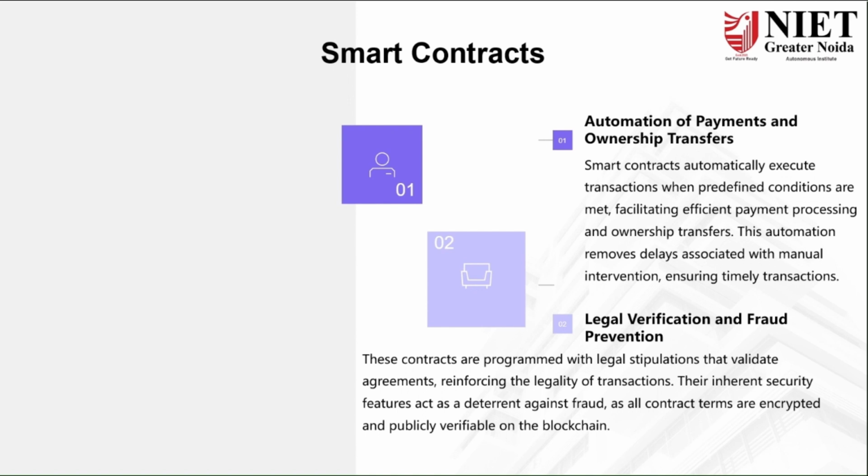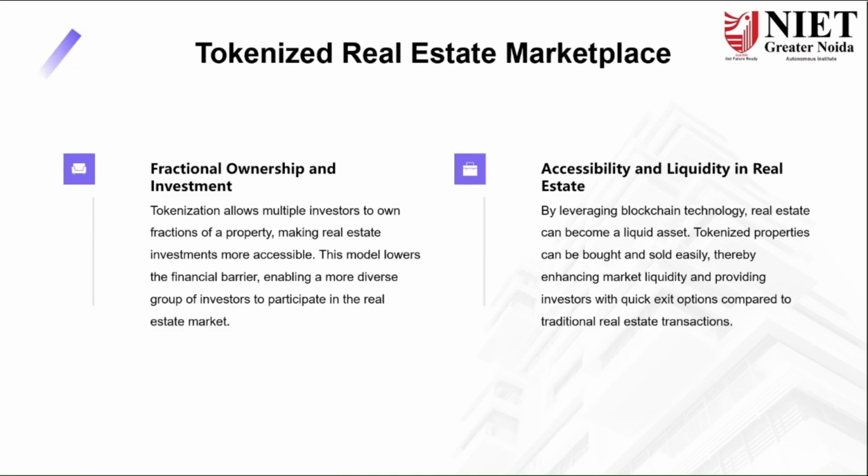Our solution has three main components: smart contracts, which automate payments and property transfer, a tokenized marketplace, which allows users to buy and sell shares of properties, and immutable ownership record, which securely stores property data on the blockchain. Smart contracts are programs that automatically run when certain conditions are met. In our marketplace, properties are converted into tokens.